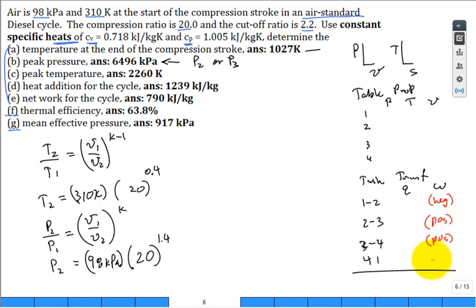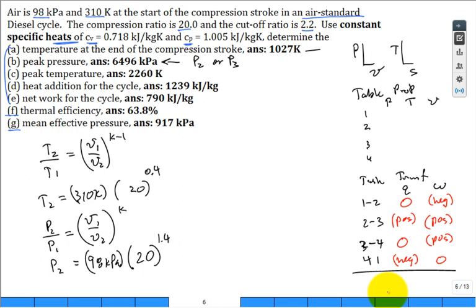And then the last is 0. 4 to 1 is constant volume heat. Anyway, some students may miss that there's 3 terms for the work for the cycle. Okay. For the Q's, it's 0 and 0. This Q 2 to 3 is positive, and 4 to 1 is negative. But when you do the sum, that's Q net and W net, they must be equal for the cycle.